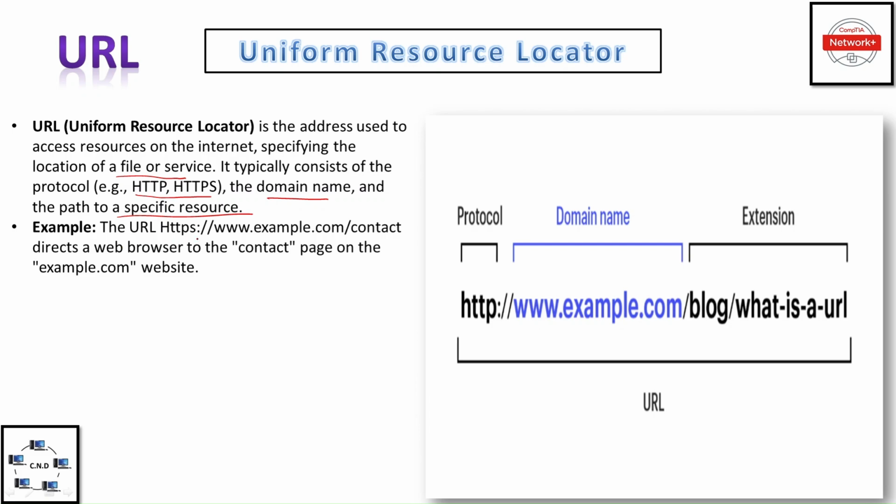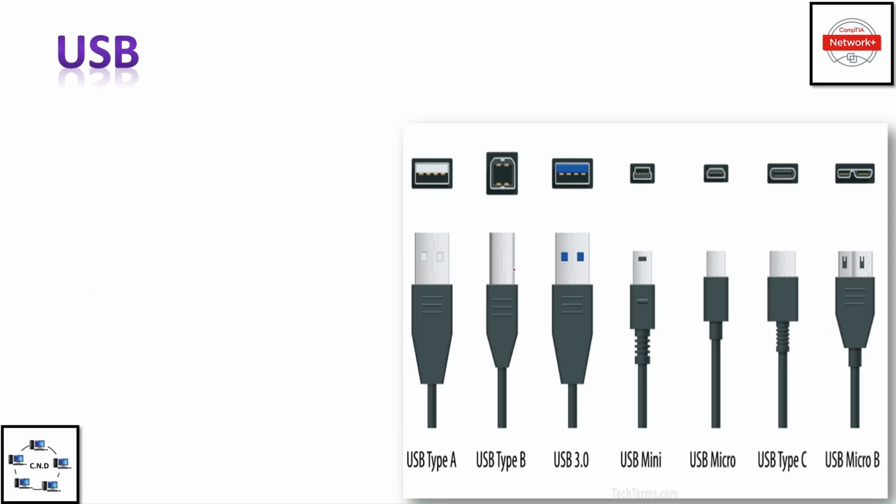For example, the URL https://www.example.com/contact directs a web browser to the contact page on the example.com website. So this whole thing is the URL, which consists of the protocol, in this case HTTP, the domain name, in this case example.com, and the path, which is the exact location of the file or service on this domain.